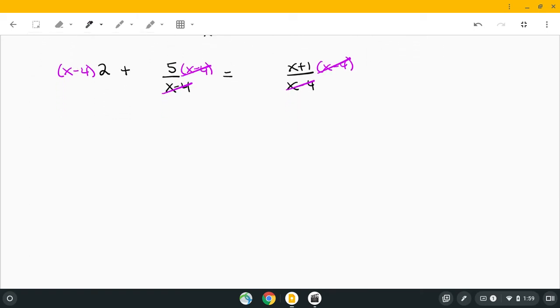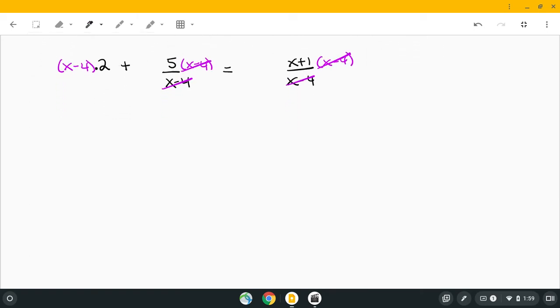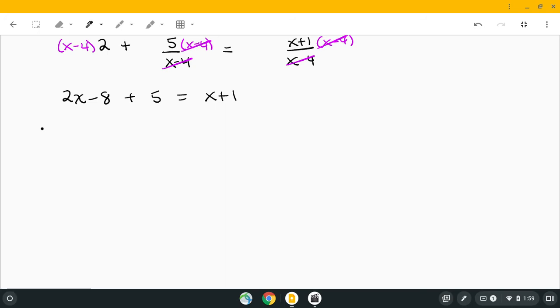Now I'm going to use the distributive property over here, and so I get 2x minus 8 plus 5 equals, on this side, x plus 1. Then I combine like terms, simplify this, and start my solving. On the left-hand side, I have 2x minus 3 equals x plus 1. All I did was combine the like terms, negative 8 and 5.